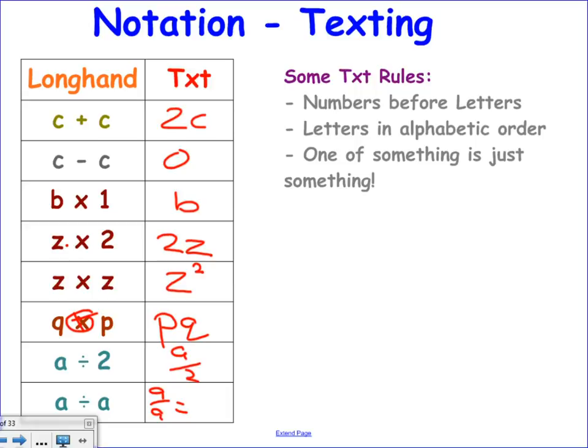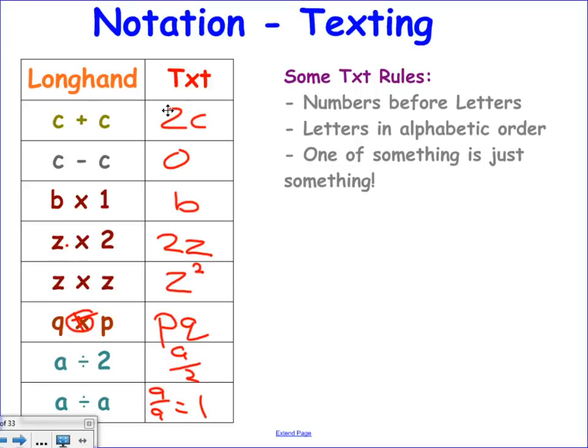What's 5 divided by 5? What's A divided by A? 1. Anything divided by itself is always 1. So here I've actually gone from letters to a number. Because if you divide something by itself, it doesn't matter what that value is, it will be 1. Okay? So these are the rules we use to go from longhand to texting.